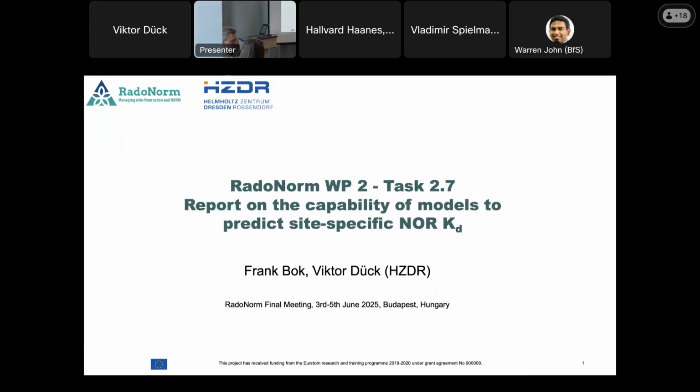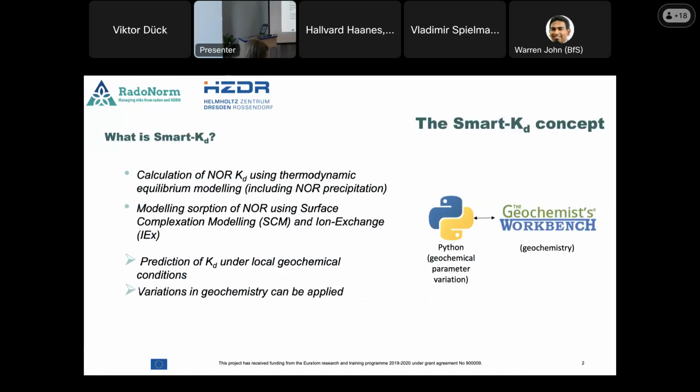Okay. Then, given the time, I will just start right away. I'm presenting the results from the HZDR part. So, the so-called smart KD concept calculates sorption processes of radionuclides in natural systems using thermodynamic models.